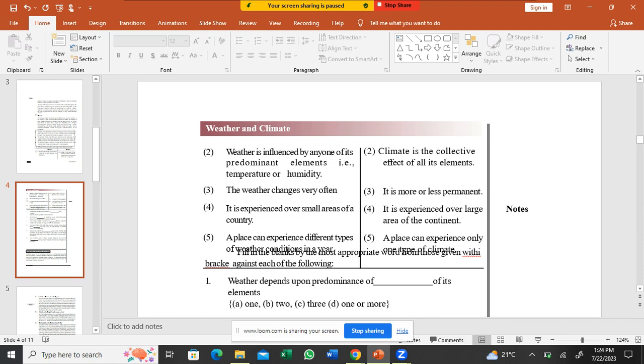Climate is more or less permanent, because if an area is experiencing winter, it doesn't change often. Weather is experienced in a small area of a country, and climate is experienced over a large area of the continent.